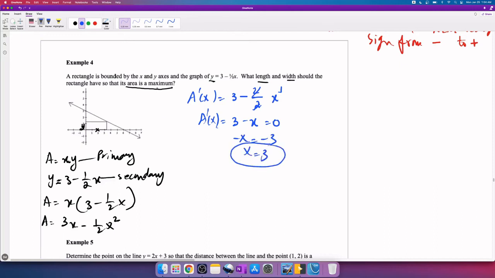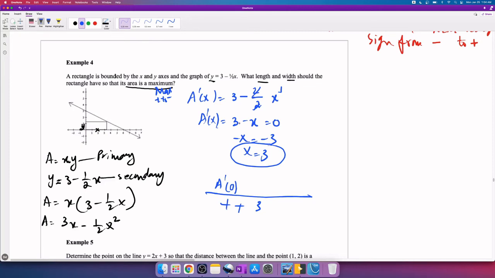Now, since they're asking for a maximum, I'm looking for where the derivative goes from positive to negative. So I have to draw a sign chart with 3, and pick something here, like 0. When I plug in 0 in the derivative, I'm getting positive.